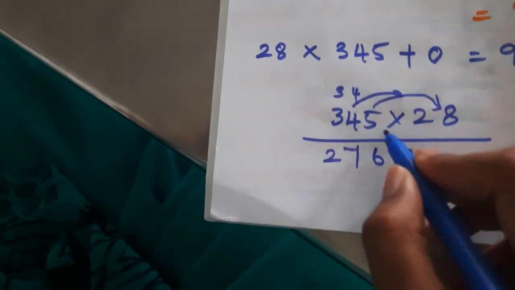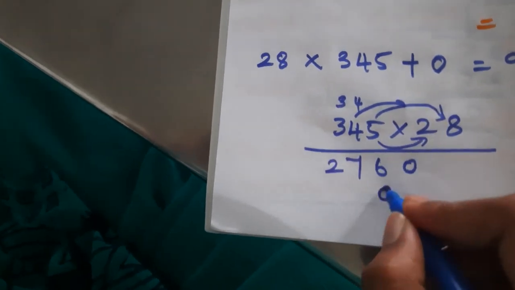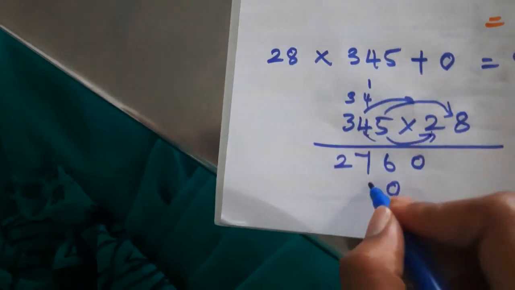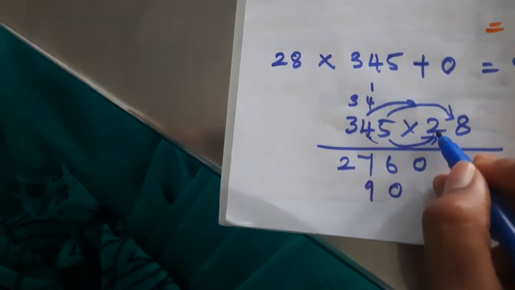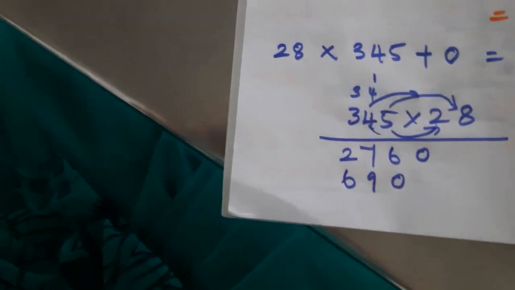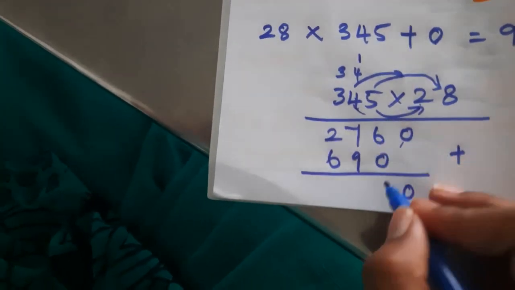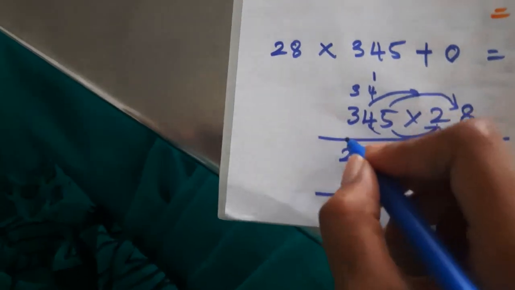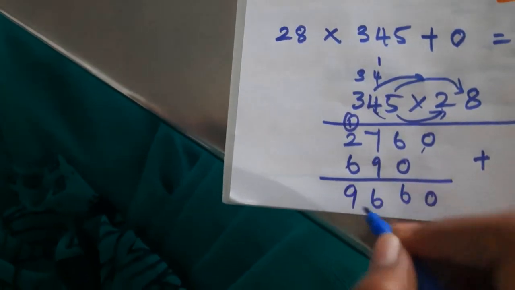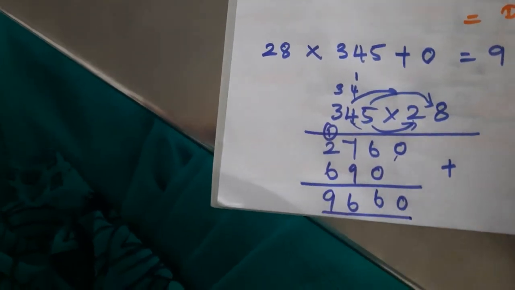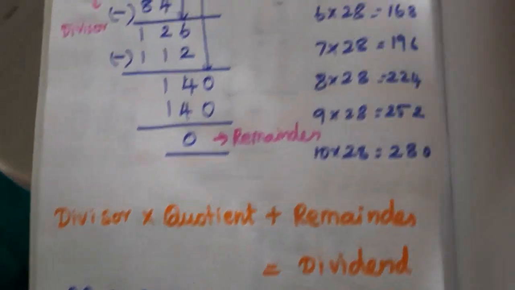Okay, 5 2s are 10. 0, 1. 4 2s are 8. 8 plus 1 is 9. 3 2s are 6. Okay, first you have here the subtraction process. 0, 6, 6, 1 is carryover, it's 9. So see here, the answer is 9660.